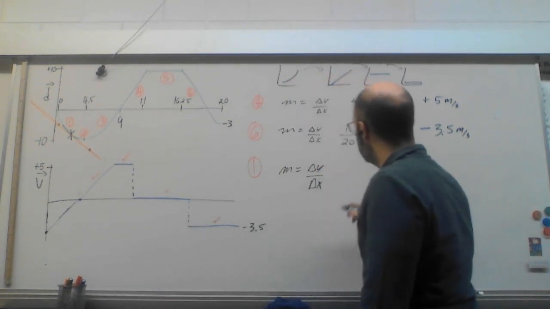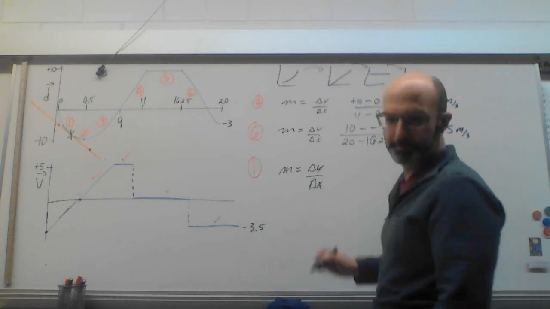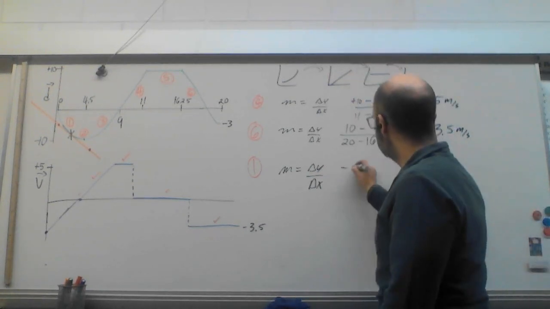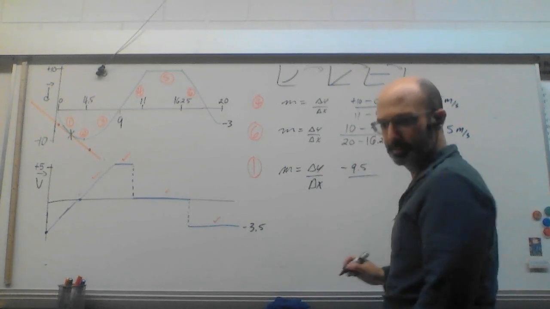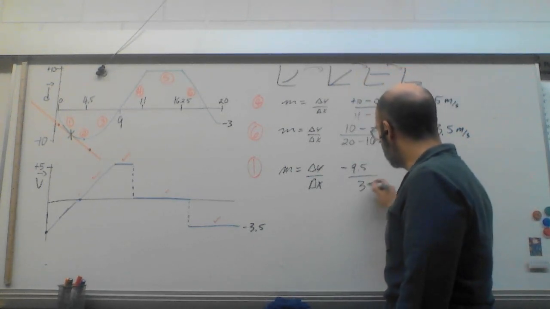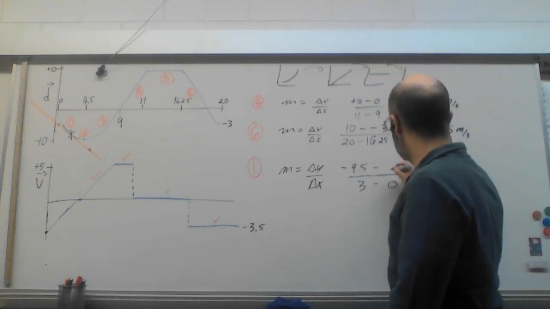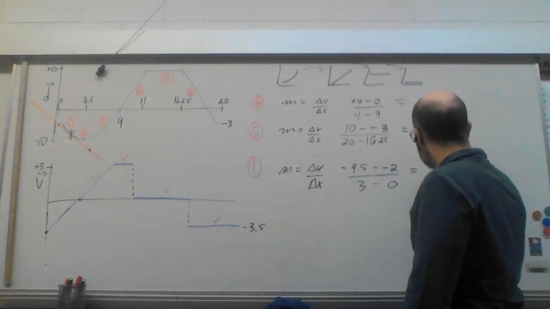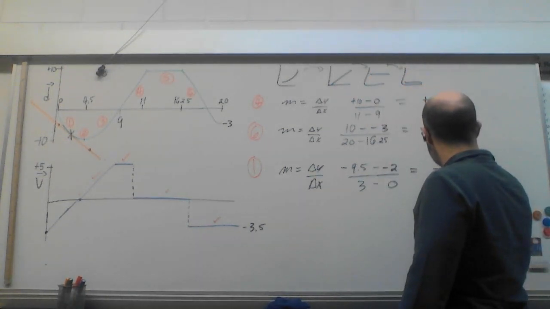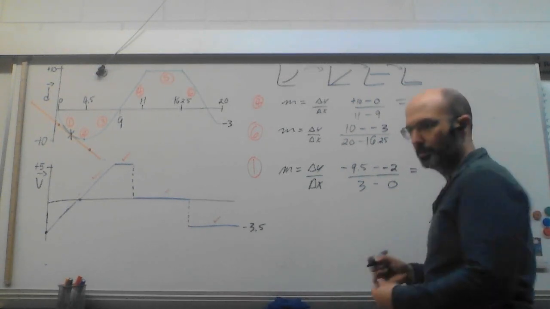And the numbers that I ended up getting were negative 9.5, corresponding to 3 seconds. And then at 0 seconds, it was minus 2. And this ended up becoming negative 2.5 meters per second.